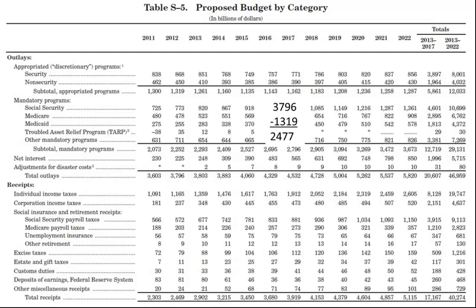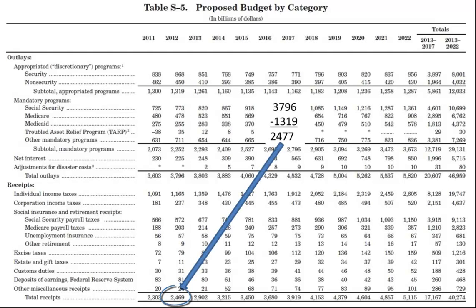What that's saying is if we completely wiped out the entire federal government and the entire military budget, we end up with an outlay from the government of $2,477,000,000,000.